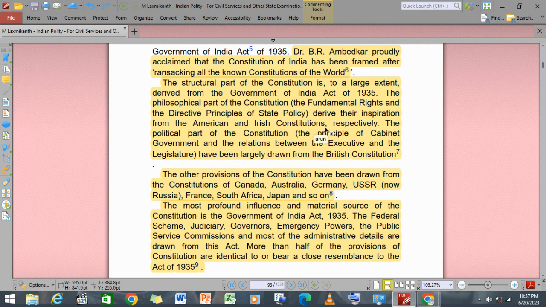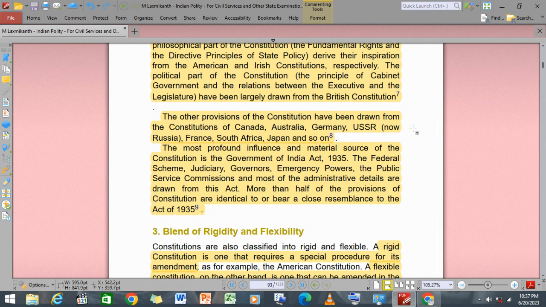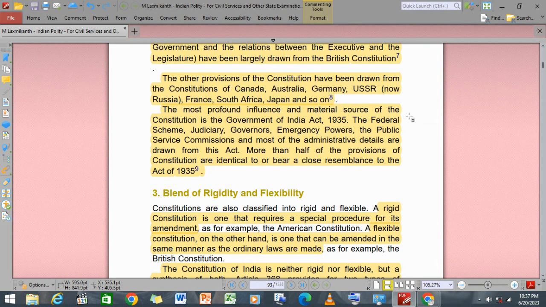That means the Irish constitution. The political part of the constitution, that is the principle of cabinet government and the relation between the executive and the legislature, has been taken from the British constitution. We have also taken certain things from Canada, Australia, Germany, USSR, which is now Russia, France, South Africa, Japan, and so on. We'll talk later about it.